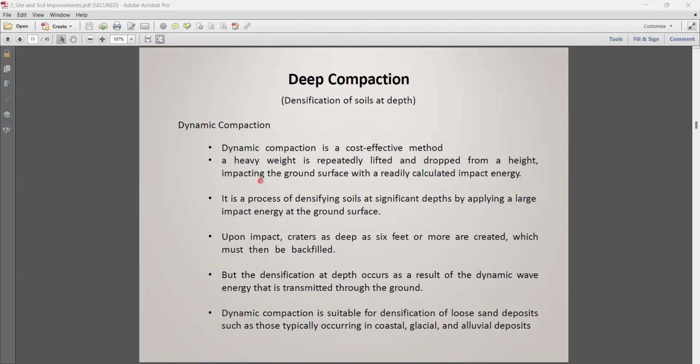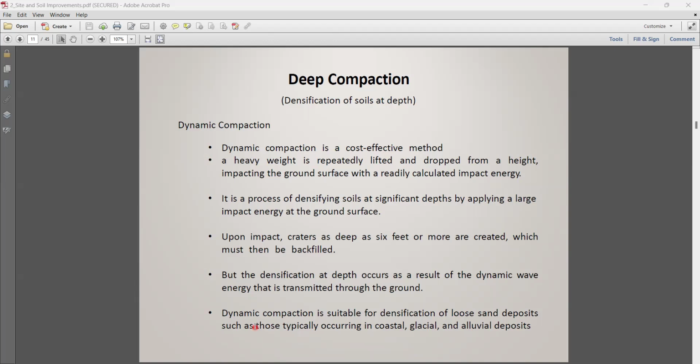There are a lot of details given here, so you can read through, but your understanding should be: what are the advantages and disadvantages of using a certain mechanism?